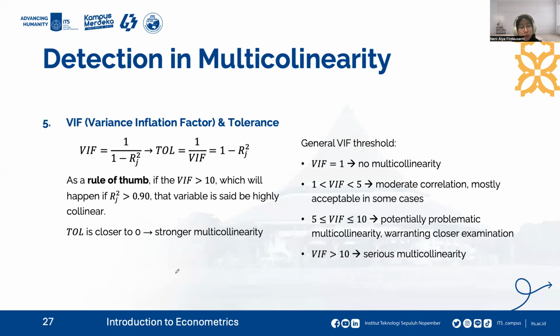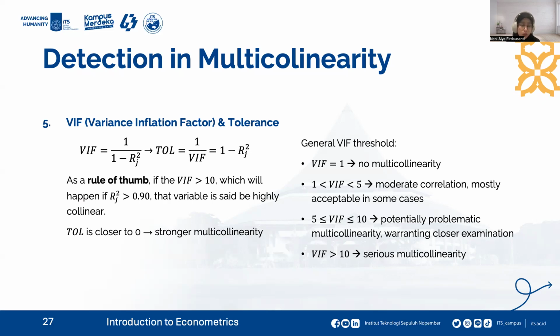Okay, so this is the rule of thumb. Because in the previous table, we know that sometimes small changes in R square give a high jump in VIF, some people say that VIF greater than 10 can indicate whether you have multicollinearity or not.